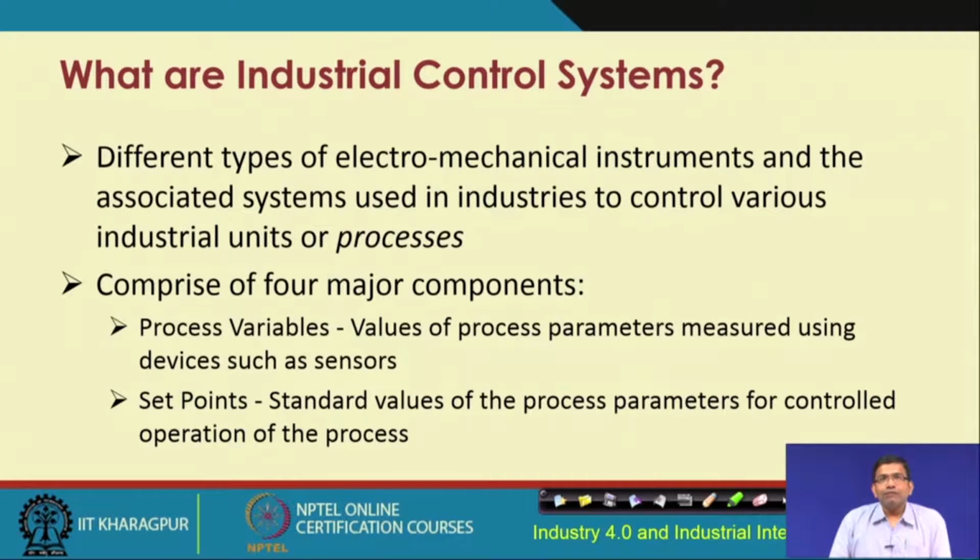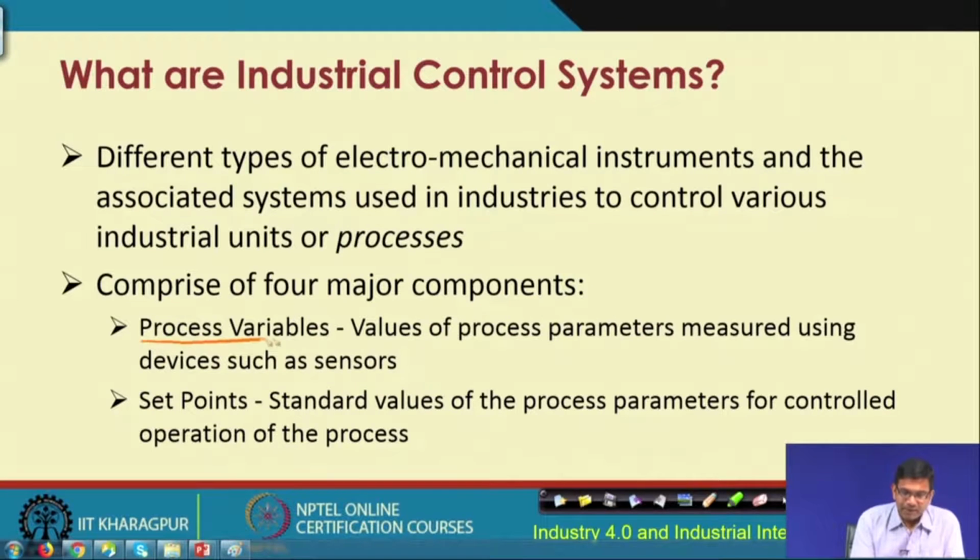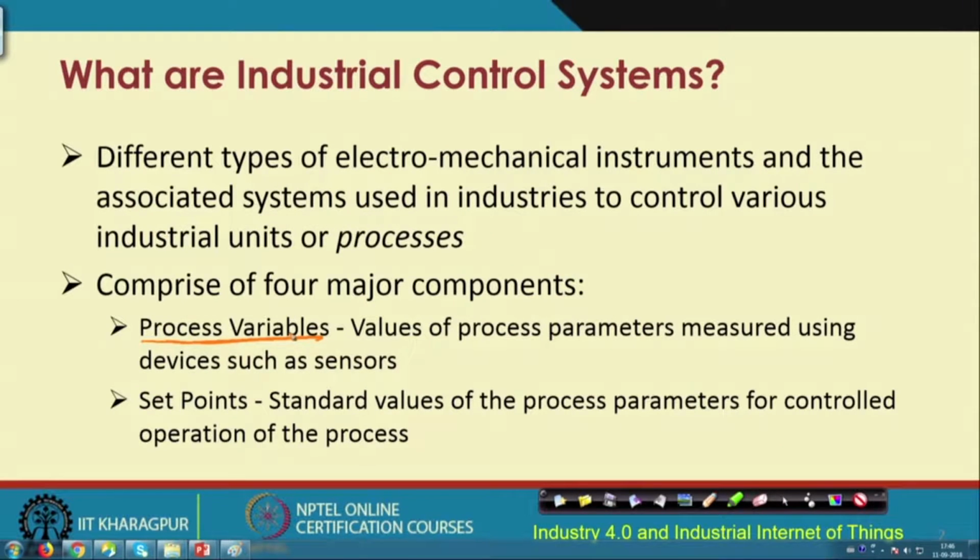So, there are four major components. The first one is the process variable. Process variables are basically the values of the process parameters measured using devices such as sensors. So, these process variables, or the values of these process parameters, would be measured with the help of sensors.